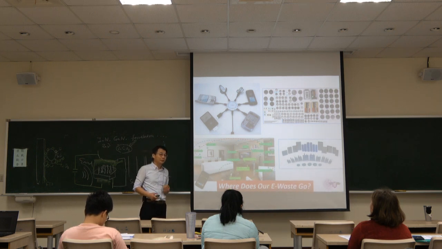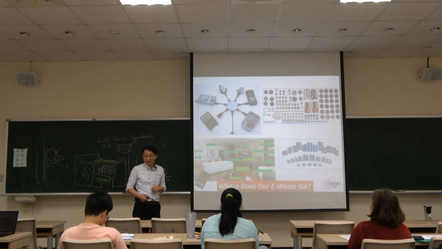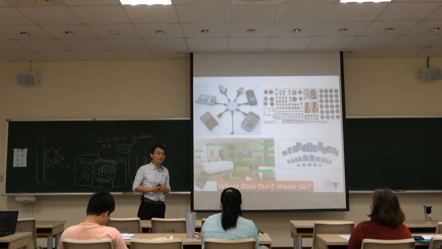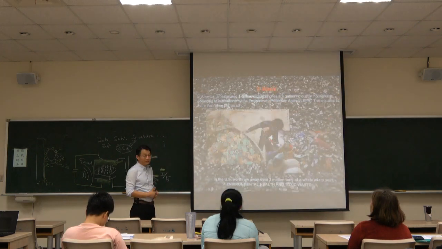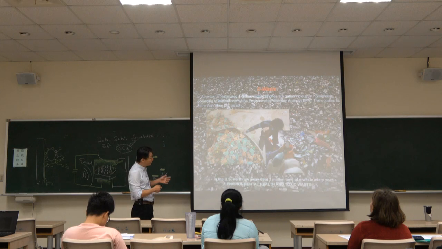So you buy a new one. What about the old one? Give it to your mother, your mother doesn't want it. Everybody wants a new one, right? Therefore, there is a lot of electronics waste in general, and doing such recycling is very difficult.